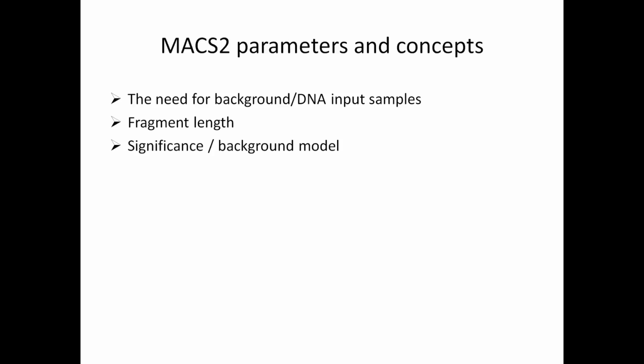For each candidate region, the IP, the ChIP fragment coverage is determined and divided by the region length. This is then compared to the local lambda, this background model.